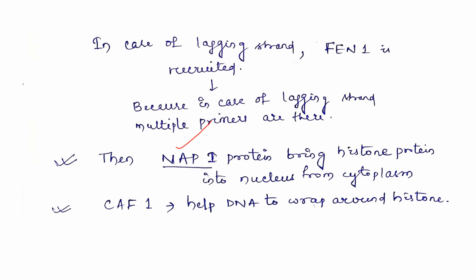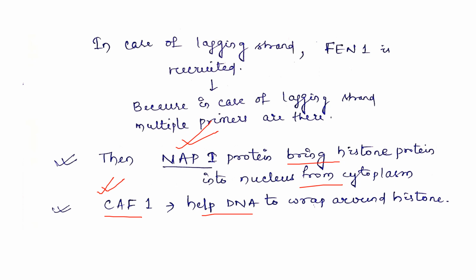Then NAP1 protein brings histone protein into the nucleus, because after the elongation process, the DNA will be wrapped around the histone protein, and CAF1 helps DNA to wrap around histone. So these two proteins, NAP1 and CAF1, help the processes which occur after elongation.